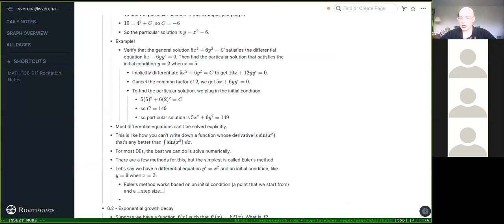Usually we call the step size h, or some people might call it delta x because that's kind of what it is. So let's just make some stuff up. Let's say h equals a half.